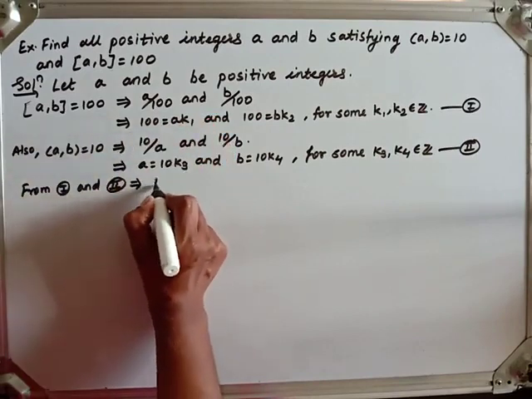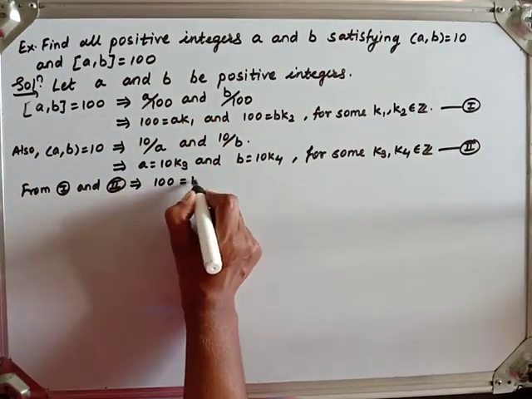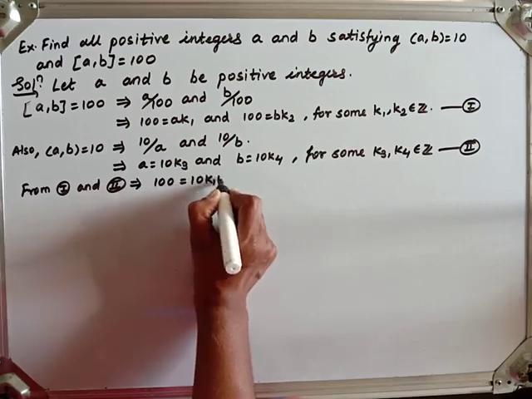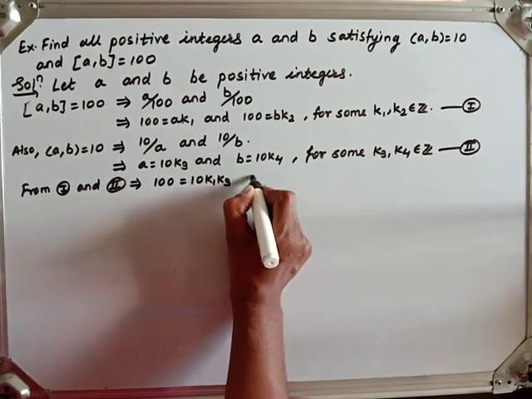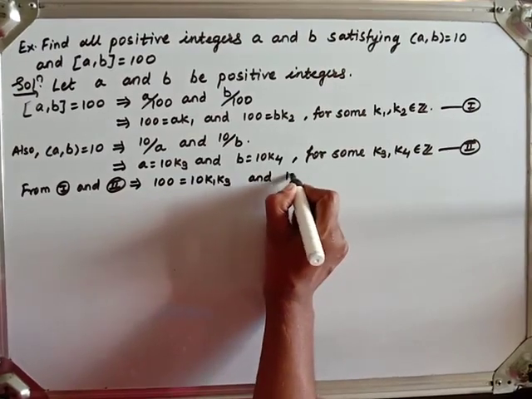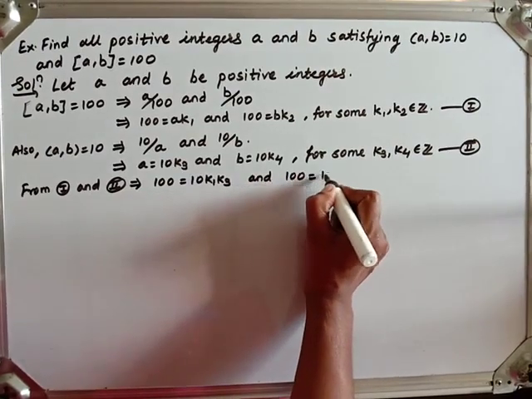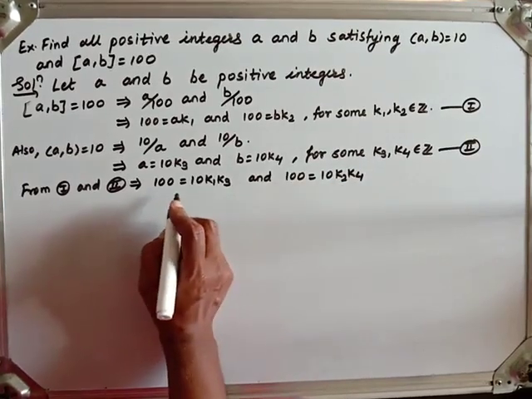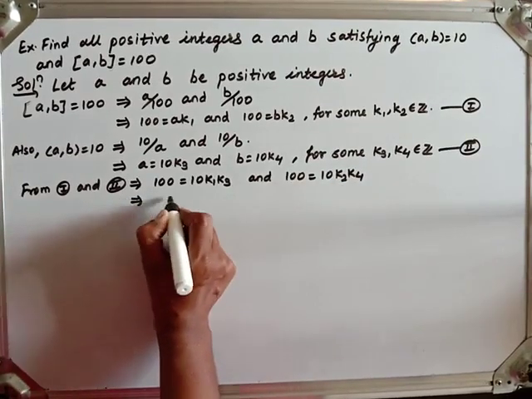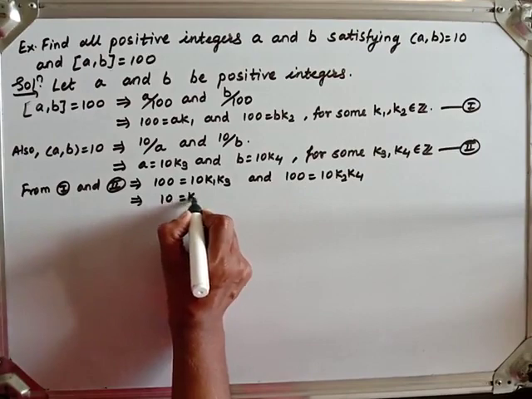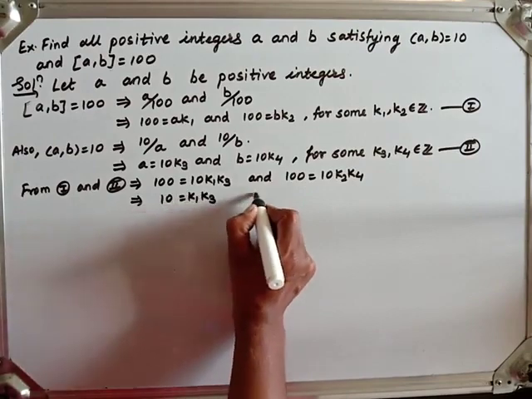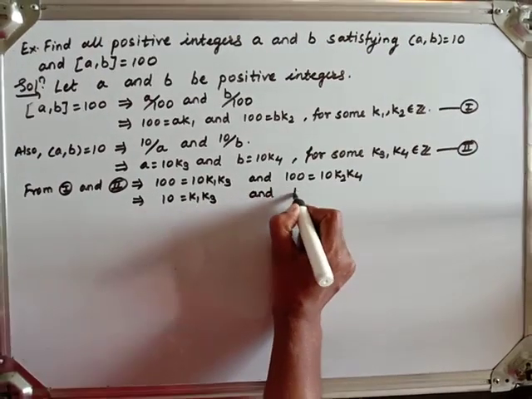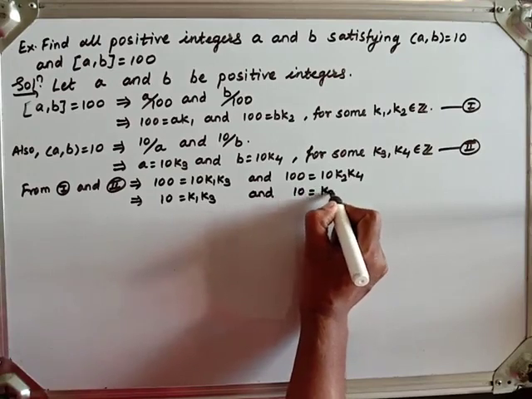So that gives 100 is equal to 10 K1 K3 and 100 is equal to 10 K2 K4. That is the same as 10 is equal to K1 K3 and 10 is equal to K2 K4.